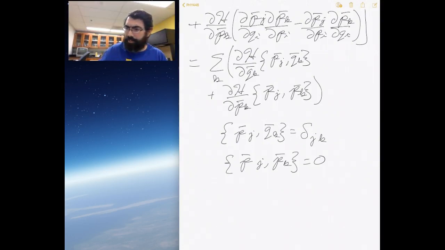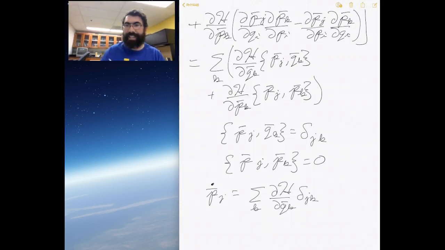If that is the case, then the time derivative of P bar j is the sum over k of the derivative of H with respect to position, Q bar, times the Kronecker delta jk.